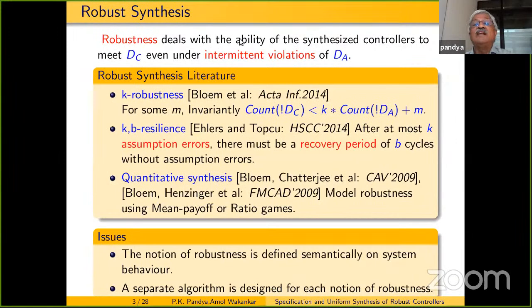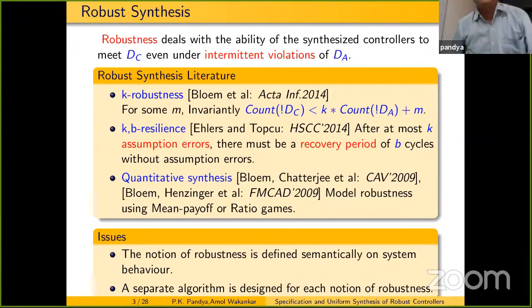But robustness deals with the ability of the synthesized controller to meet the commitment even under some intermittent violations of the assumption, right? So if you observe the behavior and if the assumption has been violated a few times, you should still be able to try and meet the commitment as much as possible, right? And such a controller would be called a robust controller. Yeah, this is the idea.